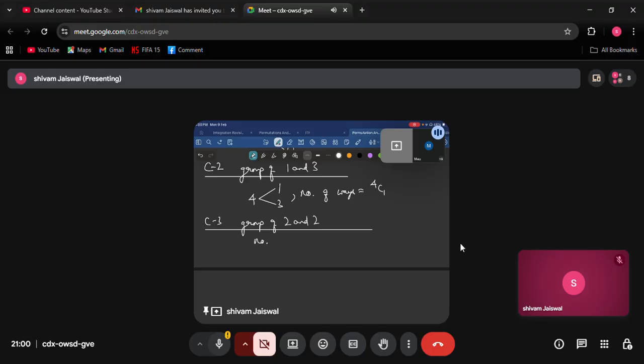Are you sure, 4C2? Anandit, what he said is correct. 4C2, that is 4 factorial by 2 factorial into 2 factorial. What he said is correct. Devang?